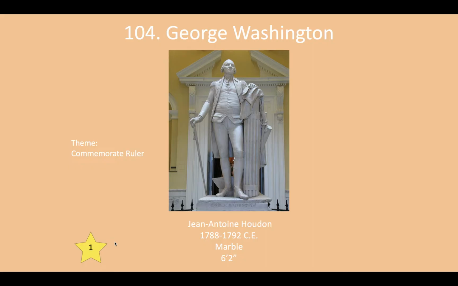So he was really involved in a lot of things that were going on. And so when we're thinking about George Washington, we often think about him as this great soldier, right?